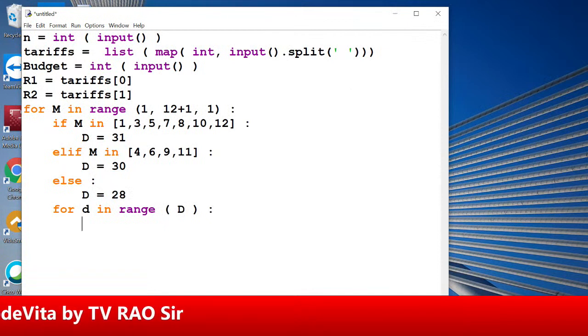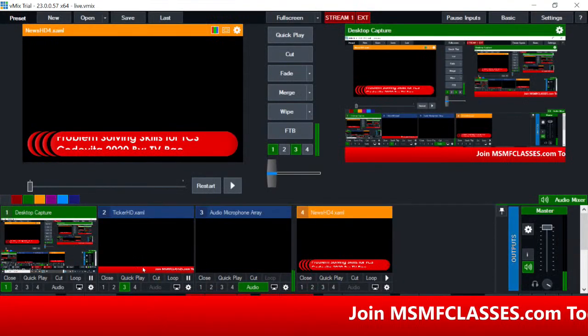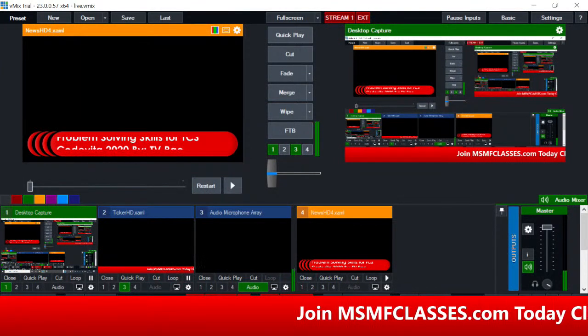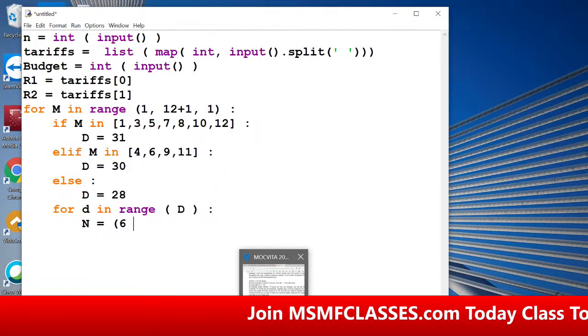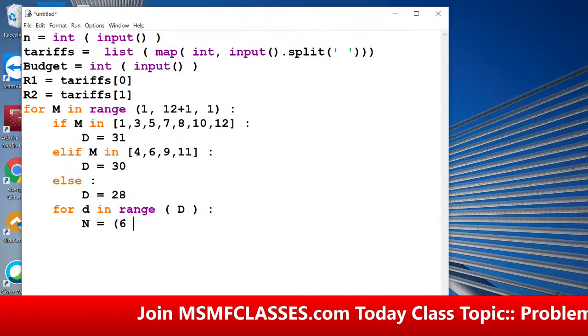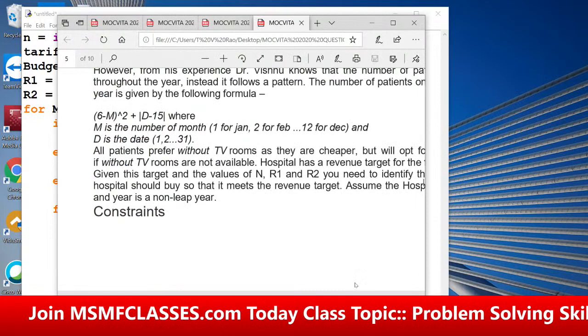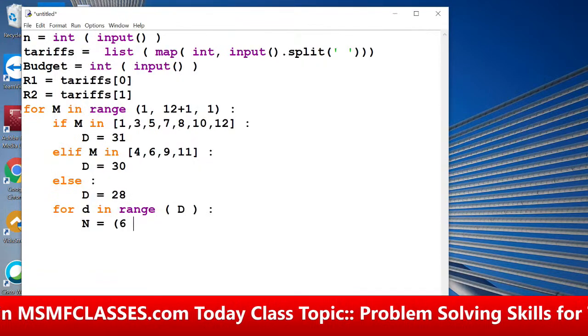Say number of days. Now I will call this as n. N is equal to 6 minus month square plus d minus 15.